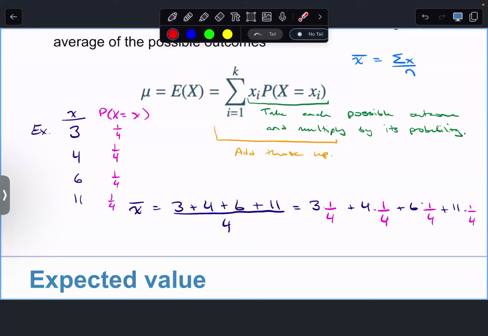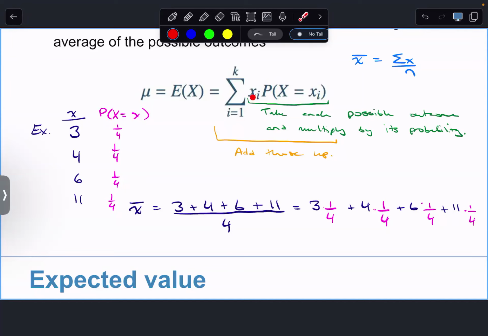And so what's going to change is this probability is no longer going to be the same for each outcome, right? We're going to adjust it, but really what we're doing is we're taking 3 times its probability of happening, right? It's just we're changing it. 4 times its probability of happening, 6 times its probability of happening, plus 11 times its probability of happening, right?